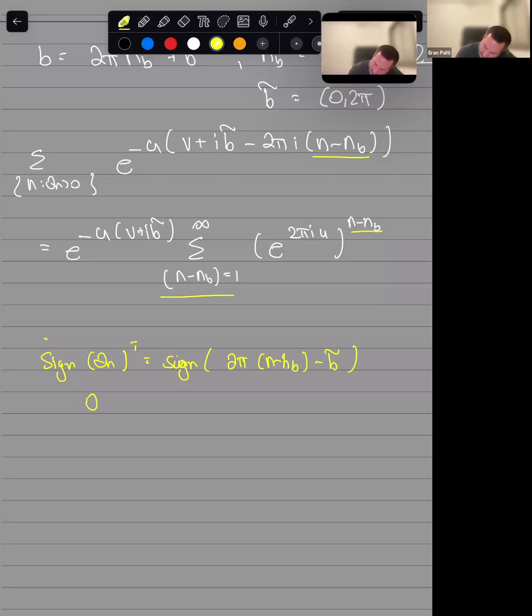So that means that theta n bigger than 0 is implied by n bigger than nb. And so we have to just start from here, n minus nb equals 1, and then all the higher n's.